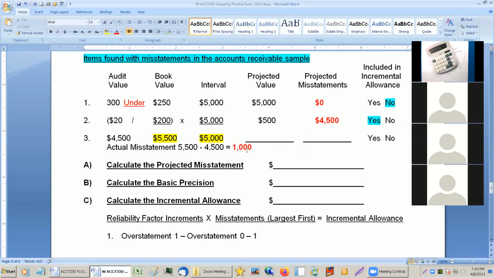So this will be our misstatement. And you really don't need to put this in here. You just get the projected value to get that. If you wanted to clean it up a little bit, you could put this as 4,000, but you really don't need to put that in. The misstatements are really what we're looking for.